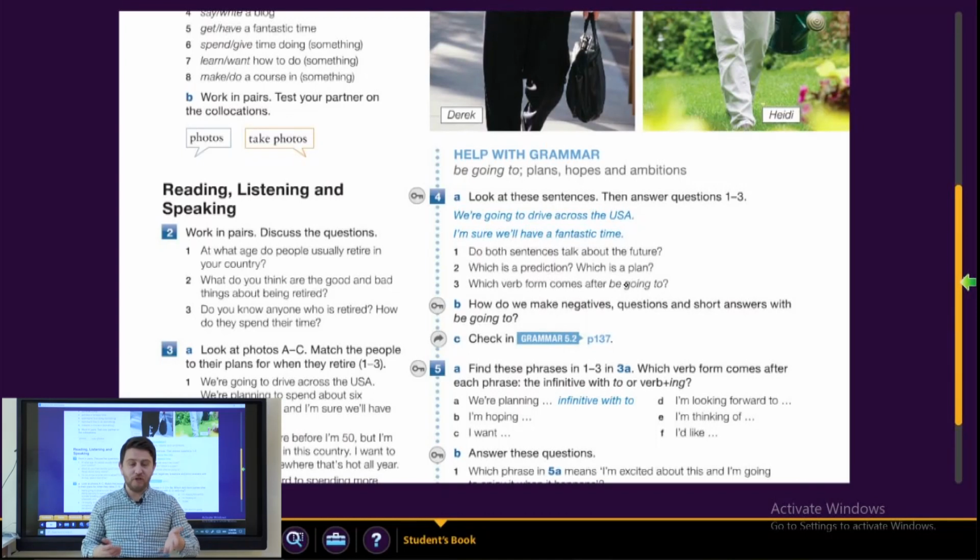That's my prediction. So you can make your future plans and also make a prediction on that. Or another one, like, I and my friends, we are going to go on a holiday next summer, and I think we'll have a fantastic time.